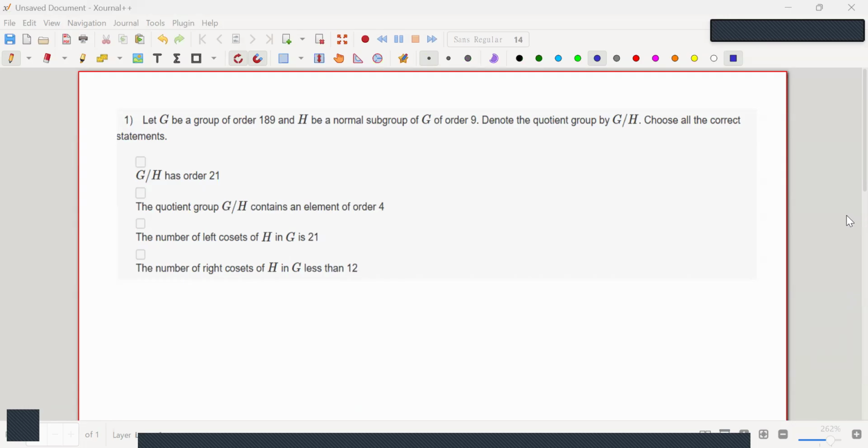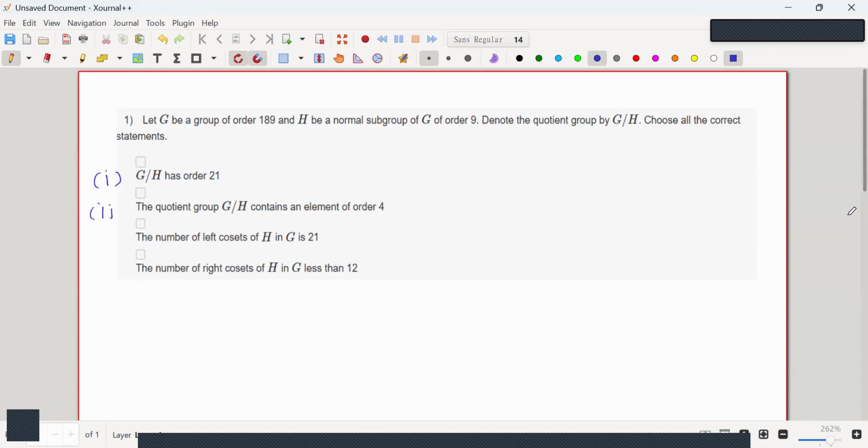We are going to solve assignment 4 today. The first problem is: let G be a group of order 189 and H be a normal subgroup of G of order 9. By G by H, we denote the quotient group, and then we need to choose all correct statements. First, the order of G by H is 21.